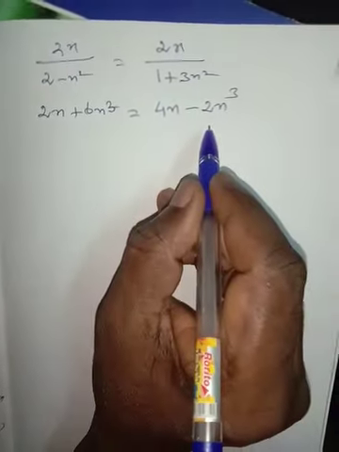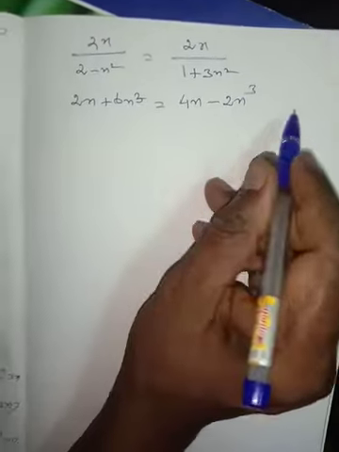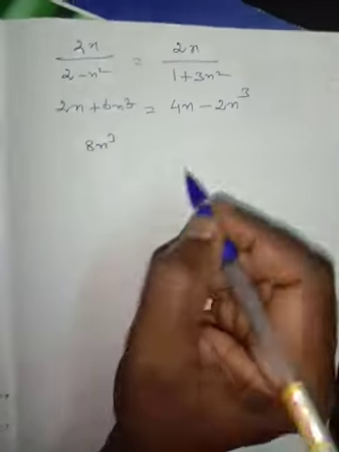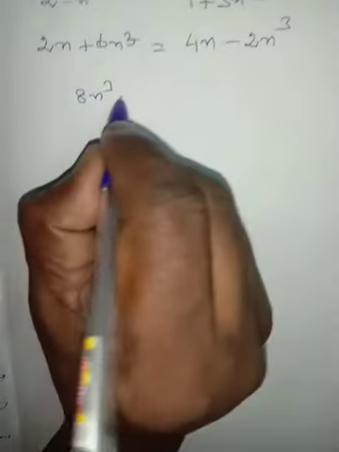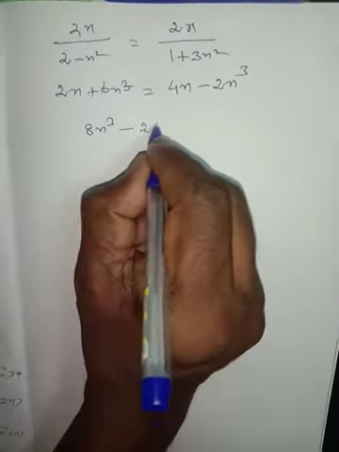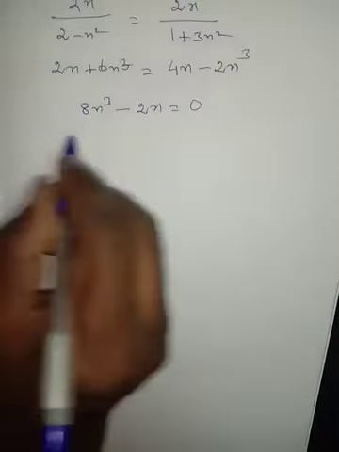Now this negative sign of 2x cube comes to left hand side: 8x power 3 minus 2x is equal to 0.